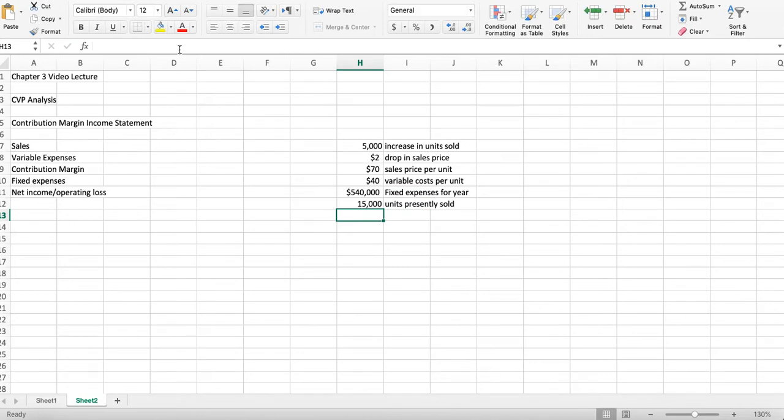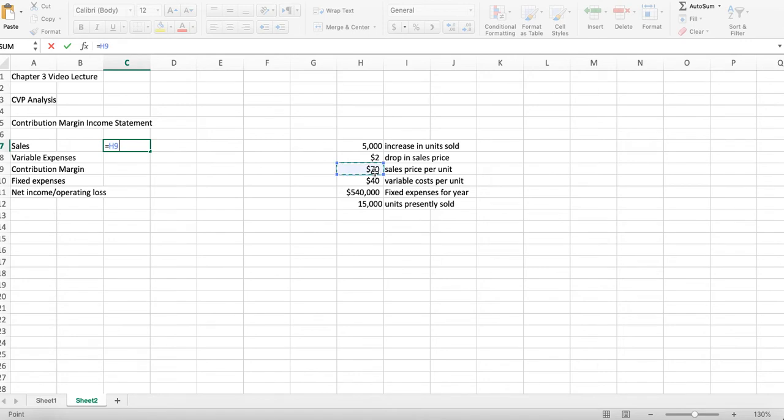So we'll take this information and create a contribution margin income statement. Currently we're selling for $70 per unit and we are selling 15,000 units. So currently our sales is $1,050,000.